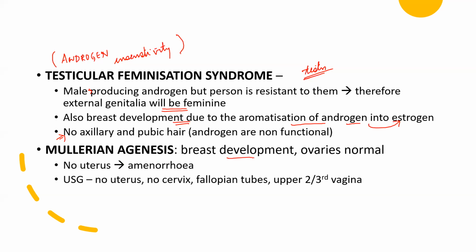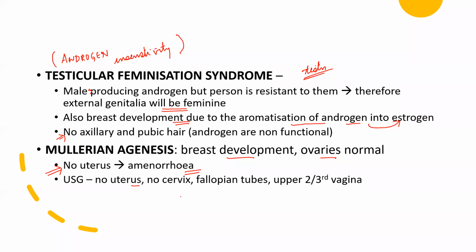So there will be breast development and the ovaries are normal, but there will not be a uterus. If there is no uterus, there is no endometrial proliferation, and thus we do not have menstruation. So we have amenorrhea. On USG, we'll see there is no uterus, no cervix, no fallopian tubes, as well as no upper two-third of the vagina.